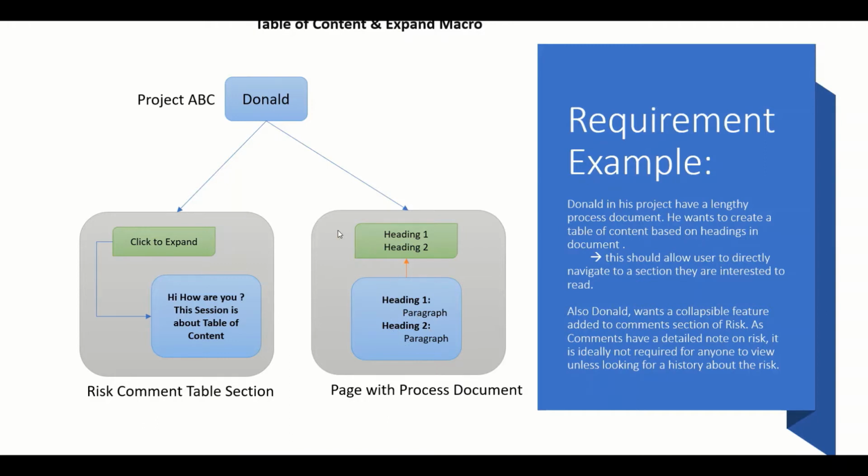What Donald wants is a consolidated view at the top of the page, the gray one that we see, which lists heading 1 and heading 2, and as and when an individual clicks on heading 1, they are immediately brought to heading 1 with its paragraph, and similarly with heading 2. So this is with regards to the process document.